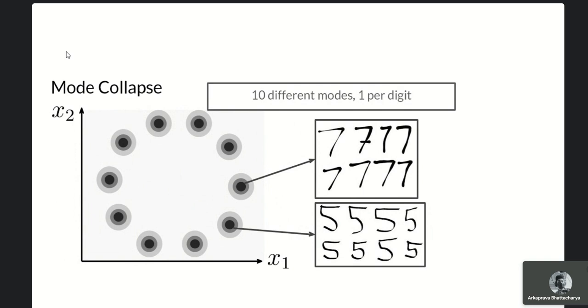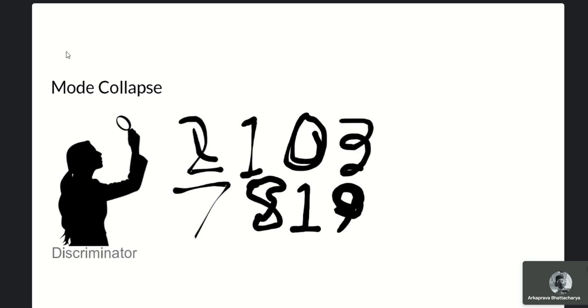Now we'll see what the mode collapse problem actually is. Suppose we take a discriminator which has learned to be good at identifying fake handwritten digits. It can distinguish whether a handwritten digit is fake or real, except for certain classes like ones and sevens.